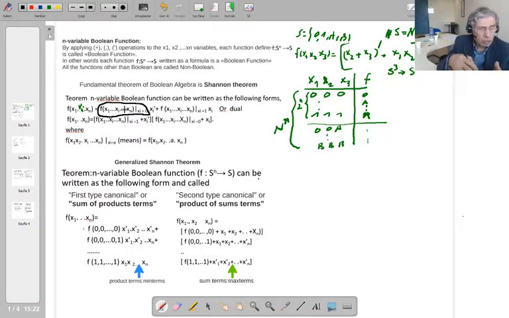This function is also a Boolean function, because in the formula you are replacing one variable with 0, so you end up with another formula. This new n minus 1 variable formula is a new Boolean function. This one is n variable and this one is n minus 1 variable.